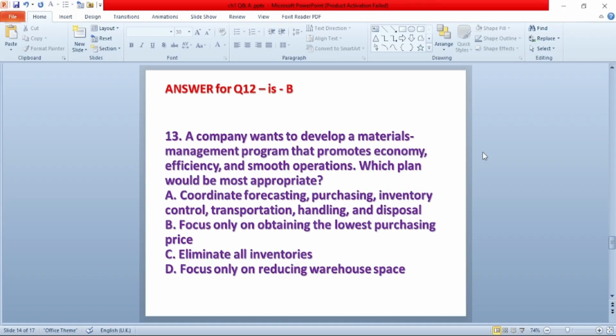B. Focus only on obtaining the lowest purchasing price. C. Eliminate all inventories. D. Focus only on reducing warehouse space. The answer for this question is A. Coordinate forecasting, purchasing, inventory control, transportation, handling, and disposal.